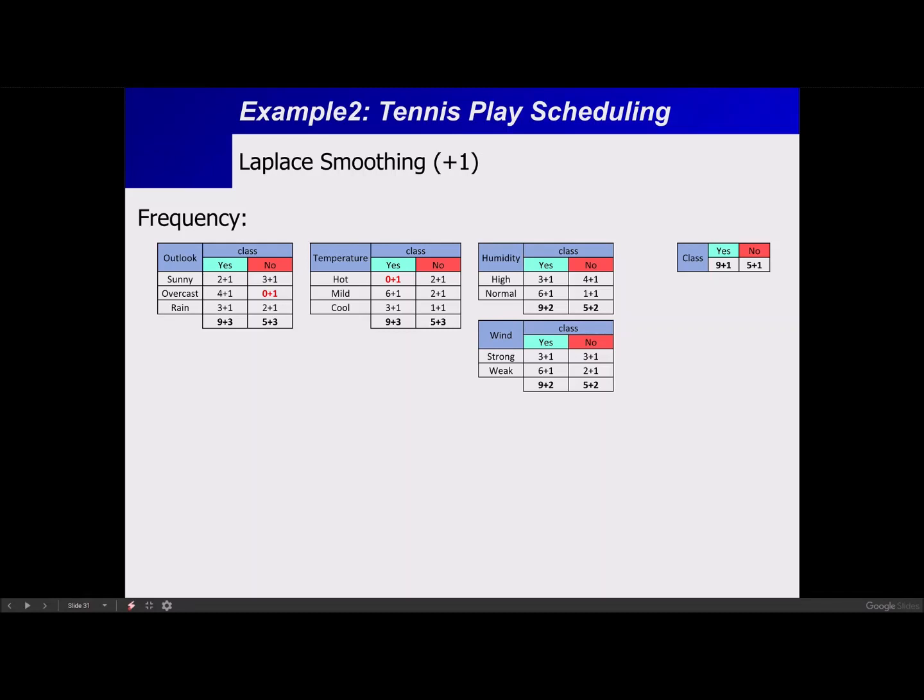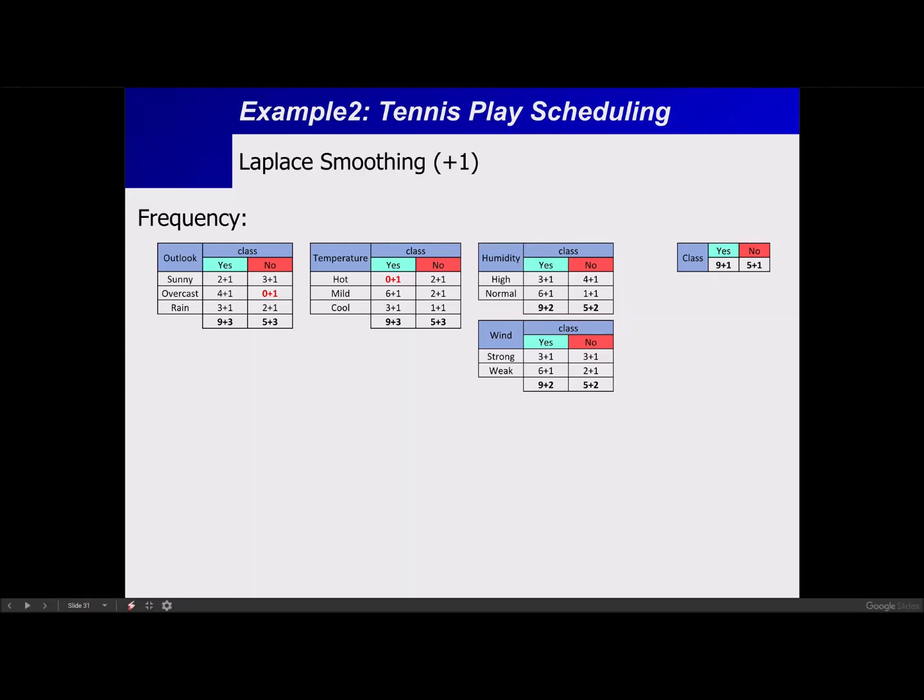So if you refer to the frequency table, which I didn't pop up before, the original frequency table will be 2, 4, 3 and 3, 0, 2, 6, 3, based on the historical data. This will be the original frequency table, and so on and so forth.